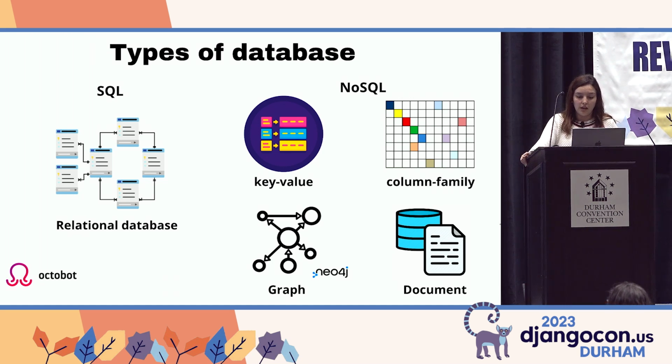Three of them don't have the concept of relationship, but each one is created to resolve a particular problem. Then we have the graph database, and then we have Neo4j. This captures the relationship as part of the data.